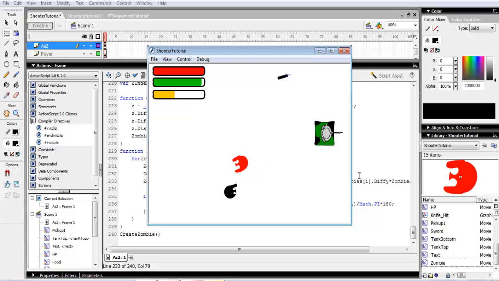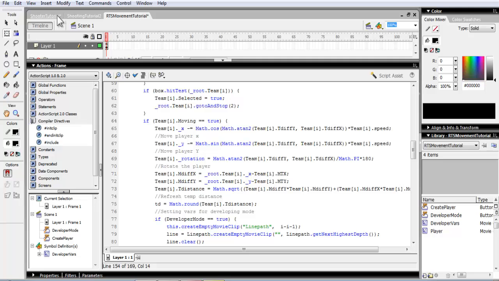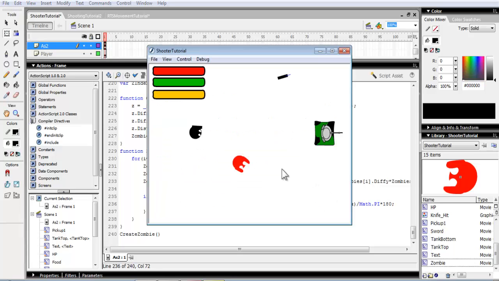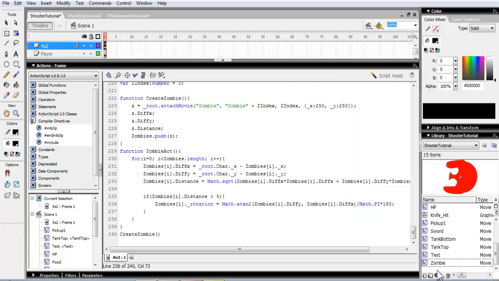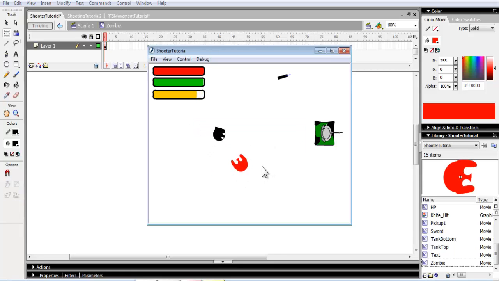It goes fully way around, but the other way. No, we've got y and x in the wrong places. And we did have the zombie in the right direction. Like that. Yeah, so he faces us now.